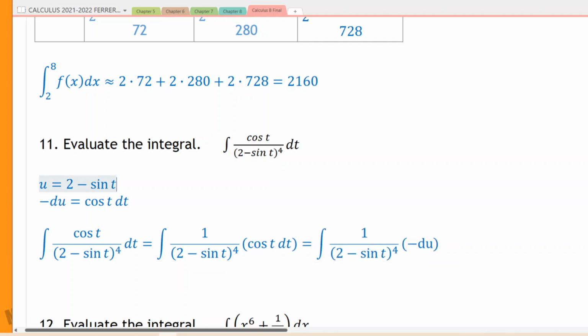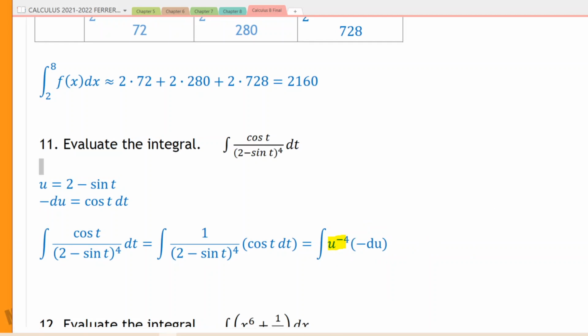And then down on the denominator, we'll make that replacement with u, and use a negative exponent to get u to the negative fourth power. Simplified, we get the negative integral of u to the negative fourth du, which we can use a simple power rule on.